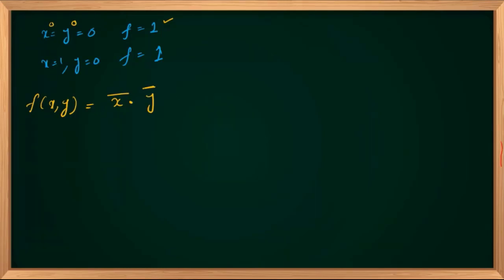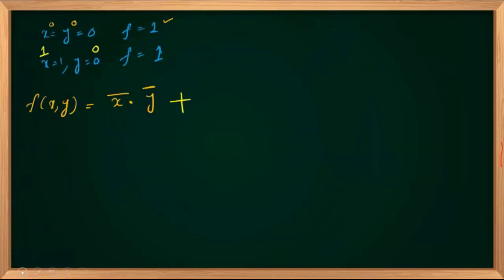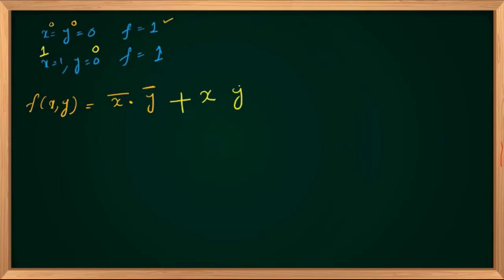I have another case, so OR with it: if x equals 1 and y equals 0, then the function is also 1. For x equal to 1 and y equal to 0, I should take y complement.